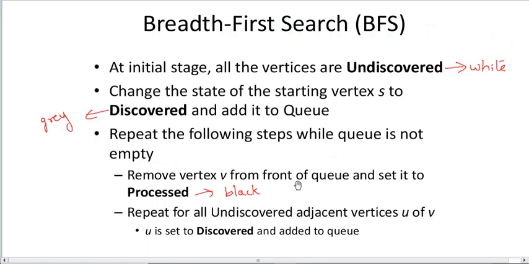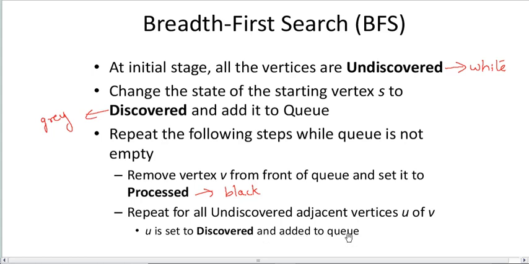Then, for all undiscovered adjacent vertices, I have to write down all the adjacent vertices of U, make them discovered, that is, change from white, and add them to Q.